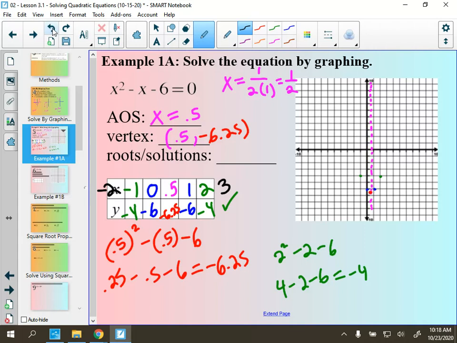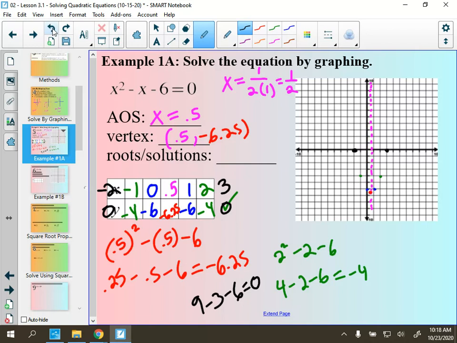Let's do it. Let's plug in a 3 here. So if I plug in a 3, I'm going to get 3 squared. 3 squared is 9, minus 3, minus 6. So 9 minus 3 is 6. 6 minus 6 is 0. I'm just going to plot these points here while I'm talking.